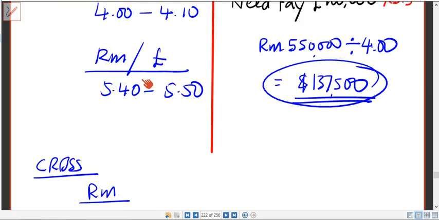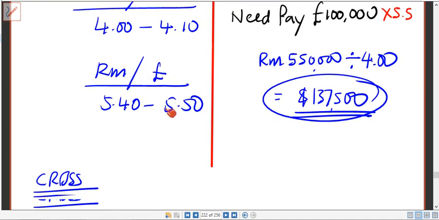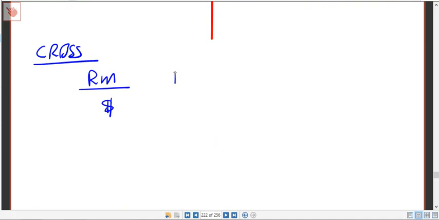What else is given? Ringgit to a pound. So I'm going to put ringgit to a pound. I just taught you, in this case, ringgit is on top. Can you multiply now? Cannot. What must you do? Divide. Very good. You need to divide.